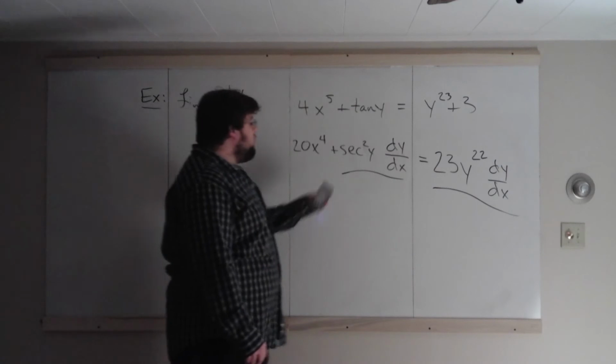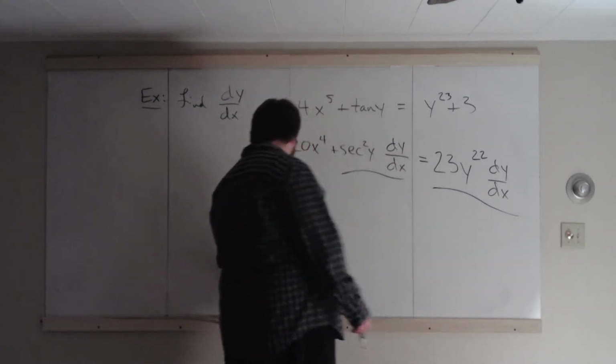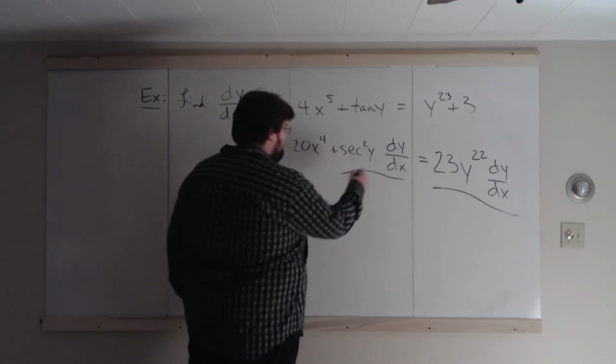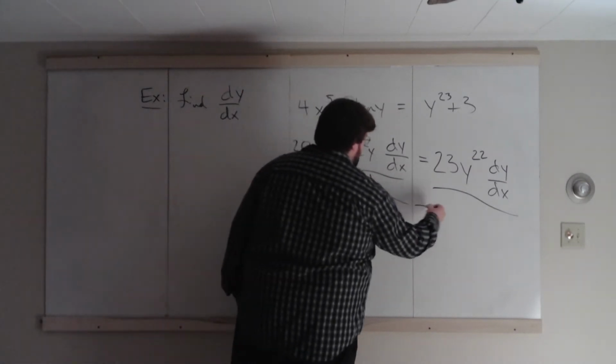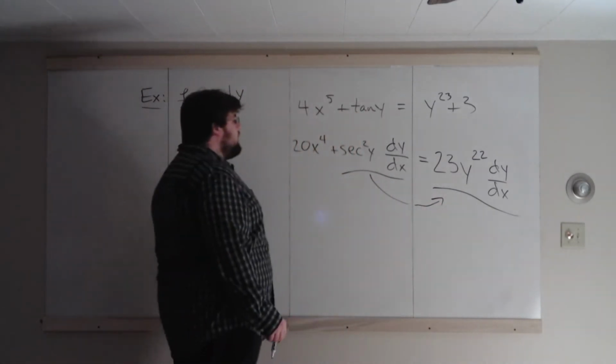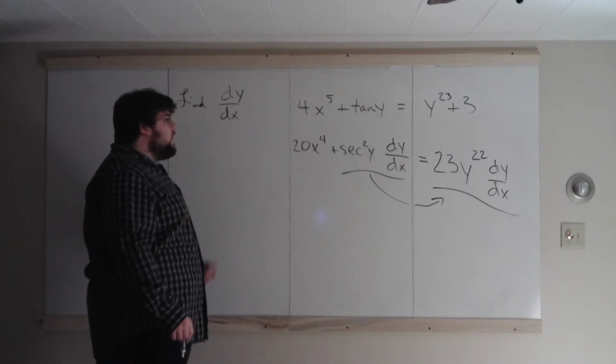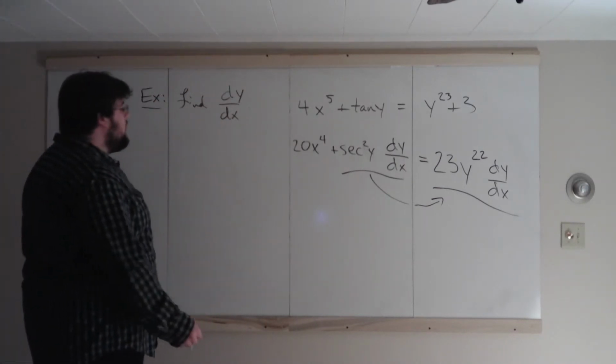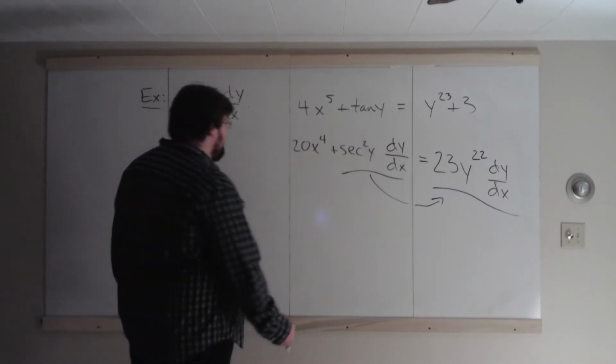We need dy dx, so we're going to combine those terms. So let's do that. I'm going to put everything with a dy dx on the right side, everything without a dy dx on the left side.